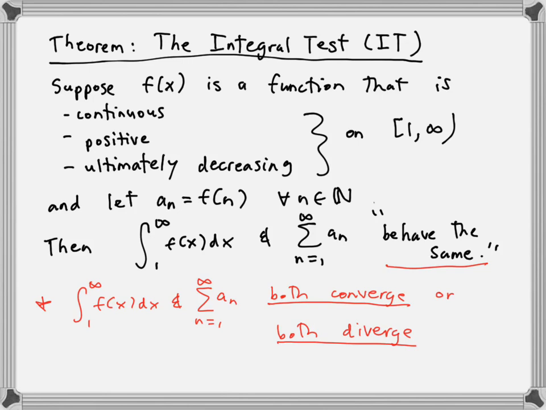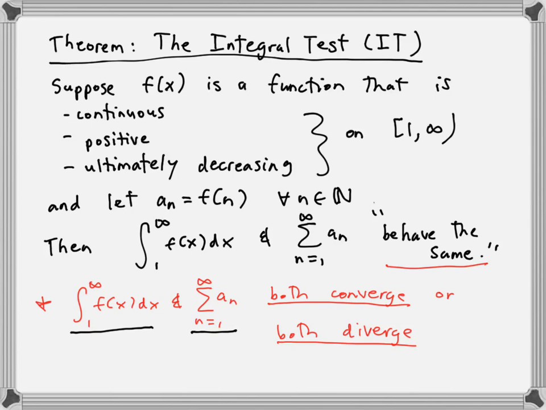Now, what we are saying here is that we can tell what is happening with a series if we look at this integral instead. And we know how to take that integral, right? That's something that we practiced in chapter 7. So the idea is, if we know how to solve the improper integral there, if we get that this guy converges, then that means the series does also.